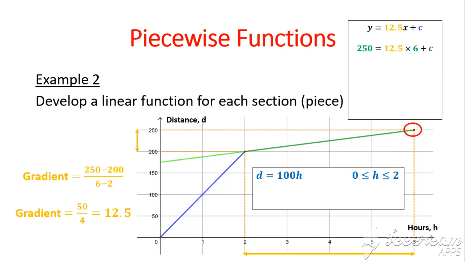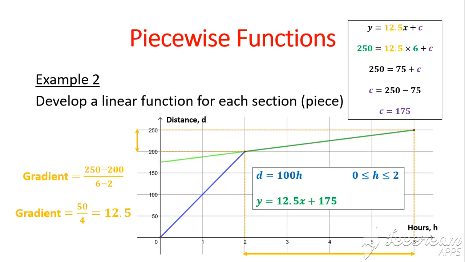So I'm going to substitute 250 in for y and 6 in for x, and I get 250 equal to 12.5 times 6 plus c. So 12.5 times 6 is 75. Now if I subtract 75 off the 250, I've worked out that c is equal to 175. I know my y-intercept is 175. So I can write down my formula: y equal to 12.5x plus 175.